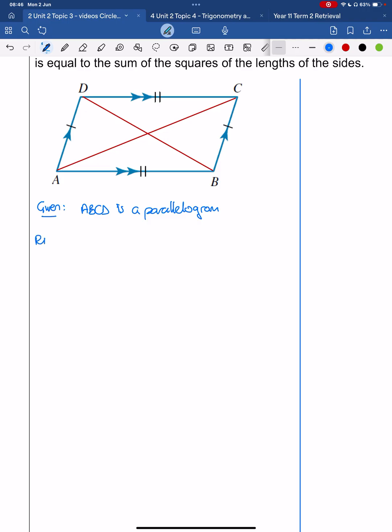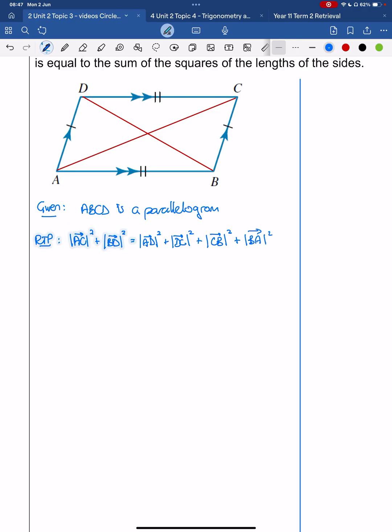So what we need to prove is that the magnitude of AC squared plus the magnitude of DB squared is equal to the magnitude of AD squared plus the magnitude of DC squared plus the magnitude of CB squared plus the magnitude of BA squared.